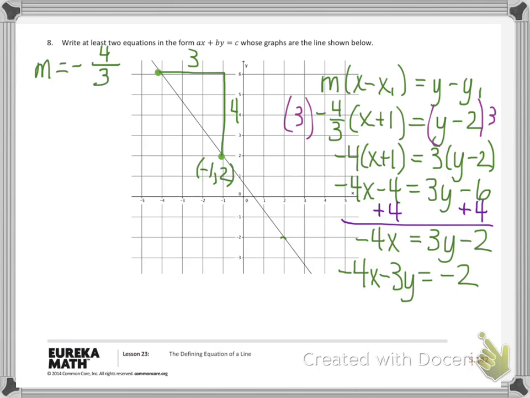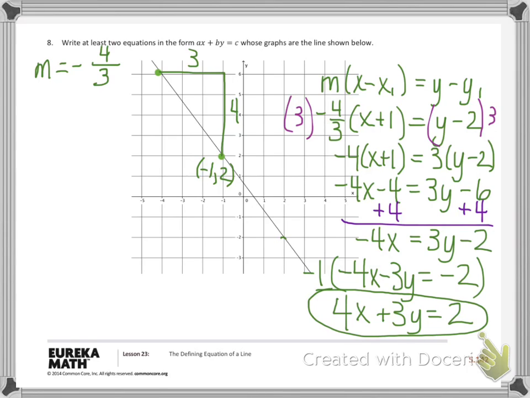So I just need two equations in the form ax plus by equals c. So this actually needs to be multiplied through by -1, and we'll get 4x plus 3y is equal to 2. Okay, so 4x plus 3y equals 2 is one equation in standard form that defines that line.